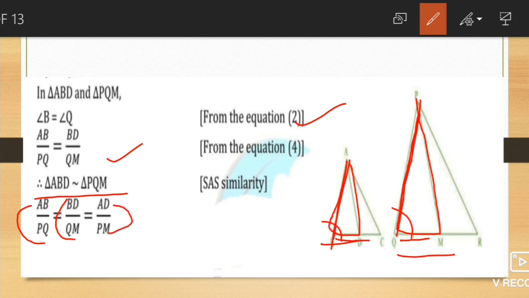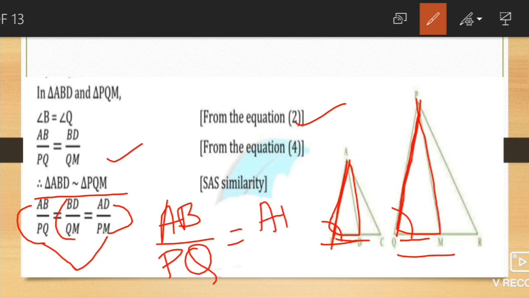If you take the first and third ratio, AB by PQ is equal to AD by PM, which we have to prove. So hence this is proved. In this way you have to prove question number 16.